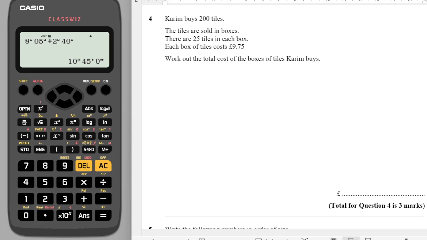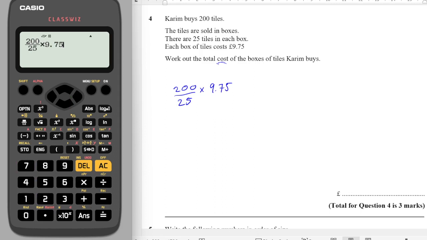So if she wants 200 tiles and they come in boxes of 25, we're going to do 200 divided by 25, and then whatever our answer is, we need to times by £9.75. I can just type it into my calculator like that. So 200 divided by 25 times 9.75 gives me £78.